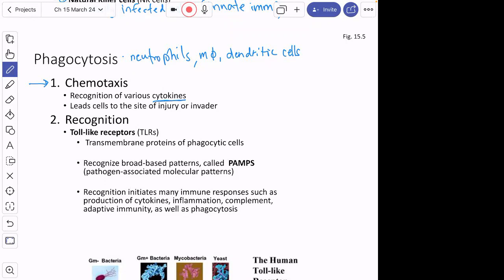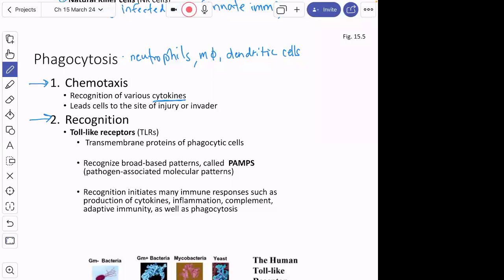So they have to get to the place where the action is. And then they have to recognize that whatever that cell or virus is worthy to be phagocytized. It has to be recognized as something that's not self.